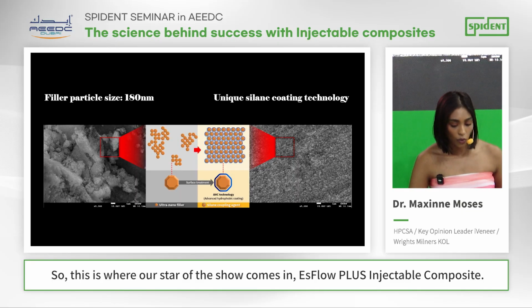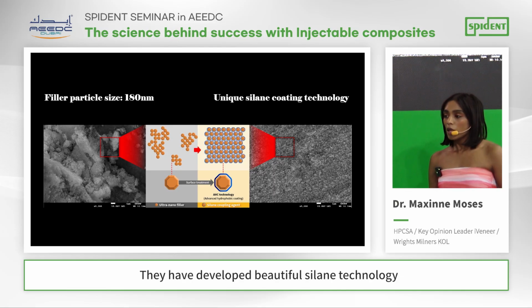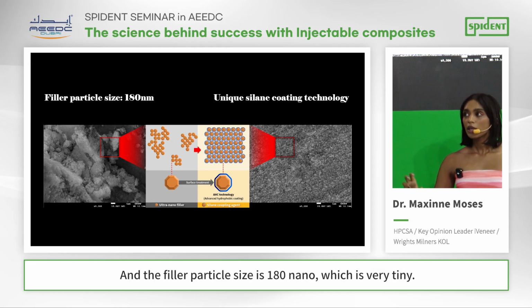So this is where our star of the show comes in, EsFlow PLUS Injectable Composite. They have developed a beautiful silane technology that coats our filler particles so that we get a dense, evenly dispersed distribution. And the filler particle size is 180 micron, which is very tiny.